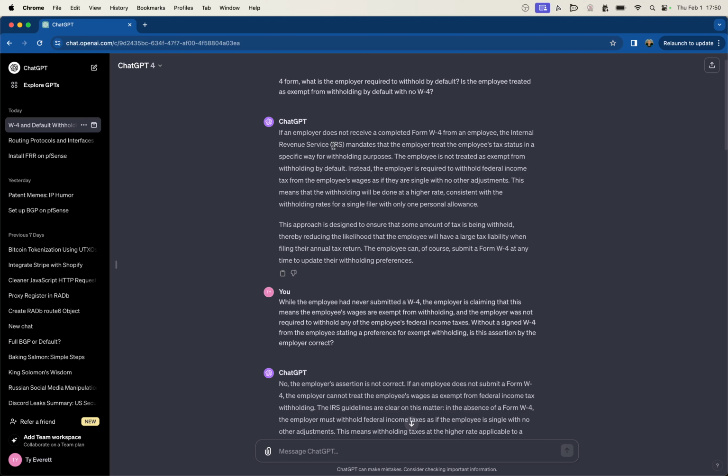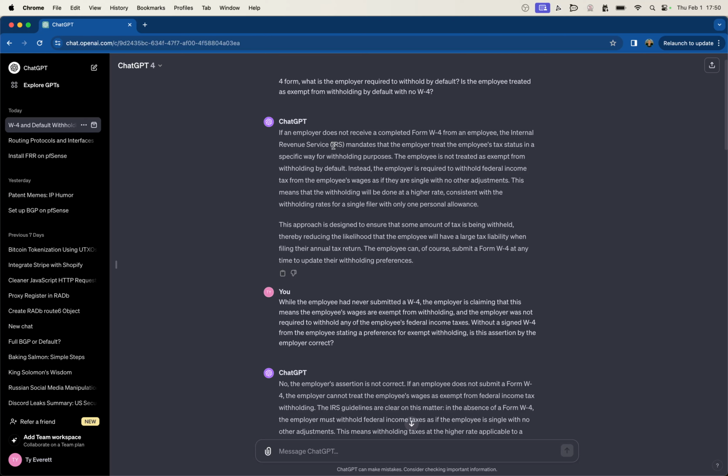If an employer does not receive a completed Form W-4 from an employee, the Internal Revenue Service mandates that the employer treat the employee's tax status in a specific way for withholding purposes. The employee is not treated as exempt from withholding by default.